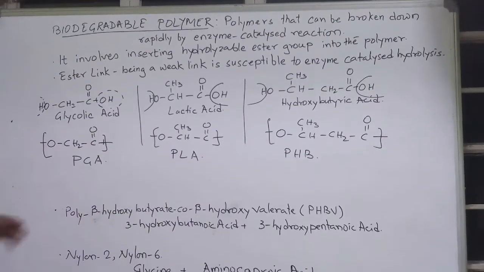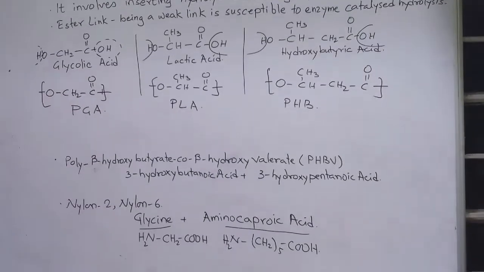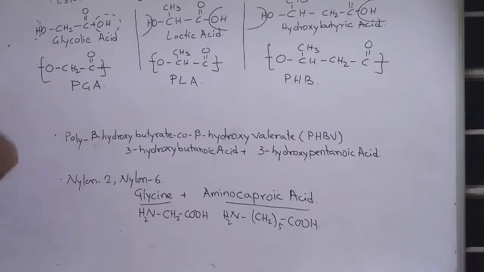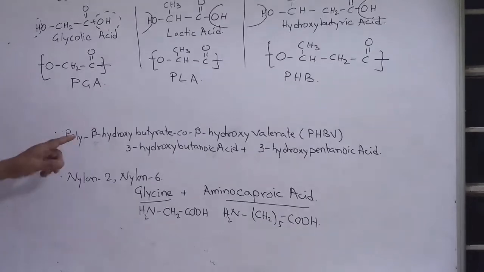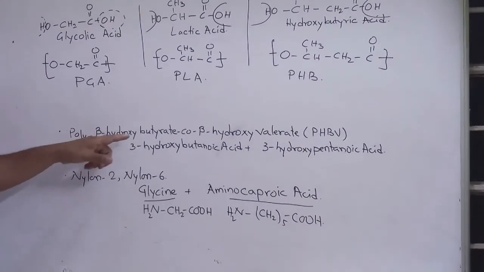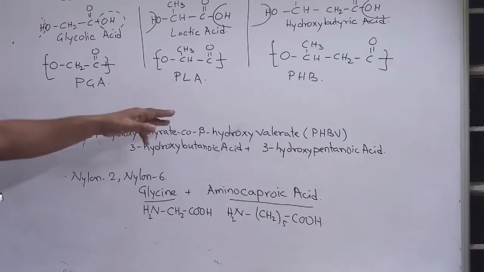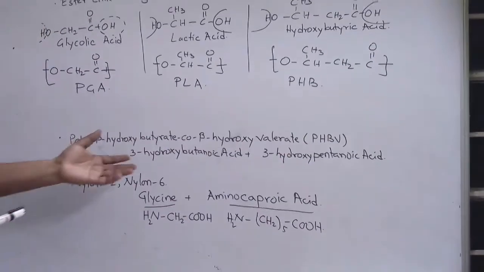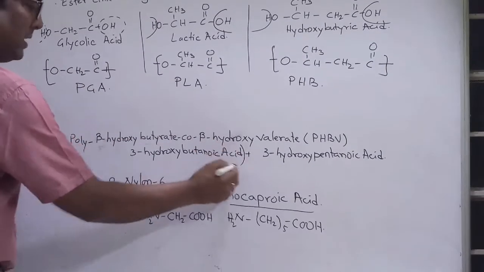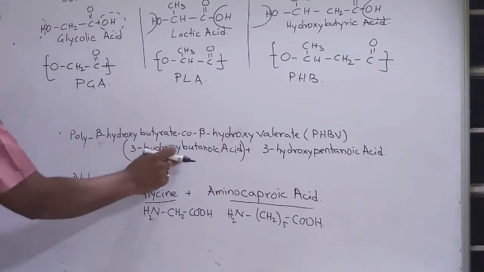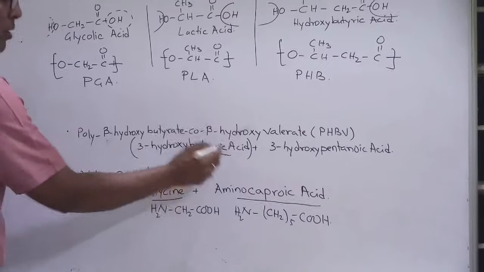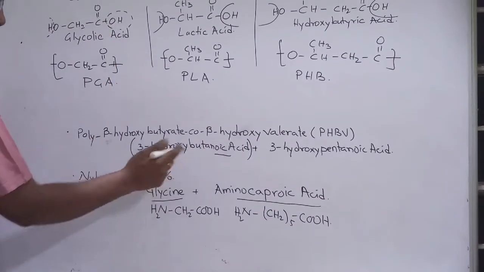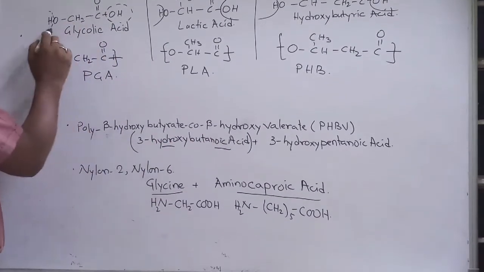In the market we have two polymers which are biodegradable in nature, which are readily used nowadays: poly-beta-hydroxybutyrate-co-beta-hydroxyvalerate, PHBV. What we are using here is 3-hydroxybutanoic acid. So oic acid is the COOH, and hydroxy is the OH part.